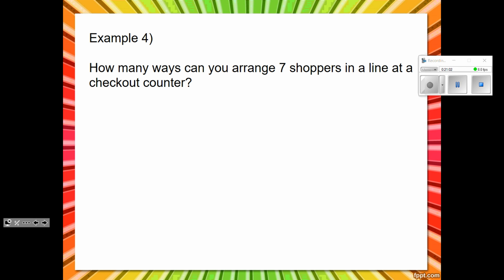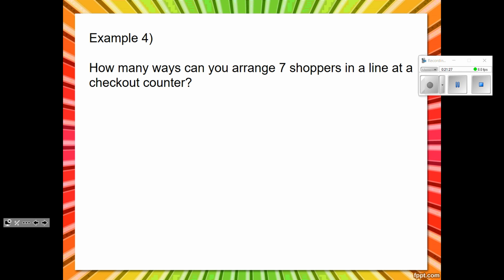How many ways can you arrange 7 shoppers in a line at a checkout counter? Permutation or combination? Why permutation?